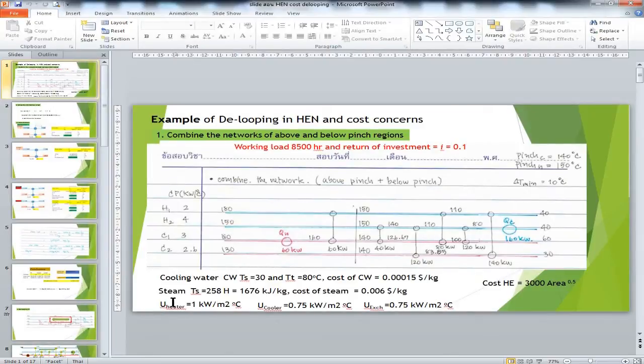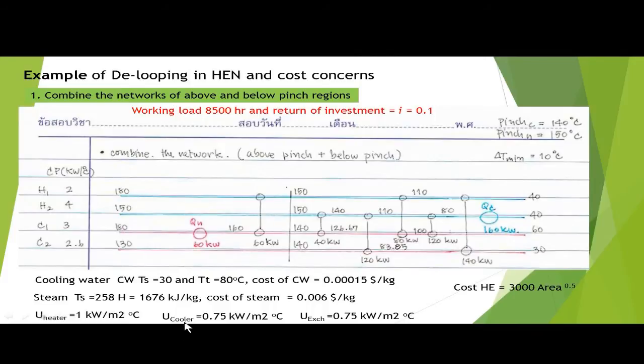They also set the overall heat transfer coefficient for heater, cooler, and heat exchanger as 1, 1, and 0.75 respectively. And the way to calculate the heat exchanger cost is based on the area to the power of 1/2.